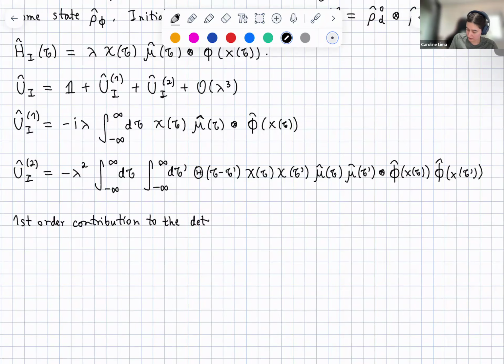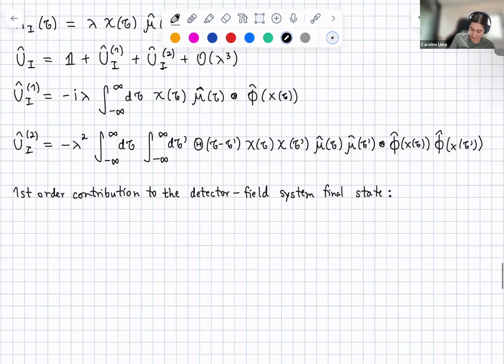To the detector field system final state.